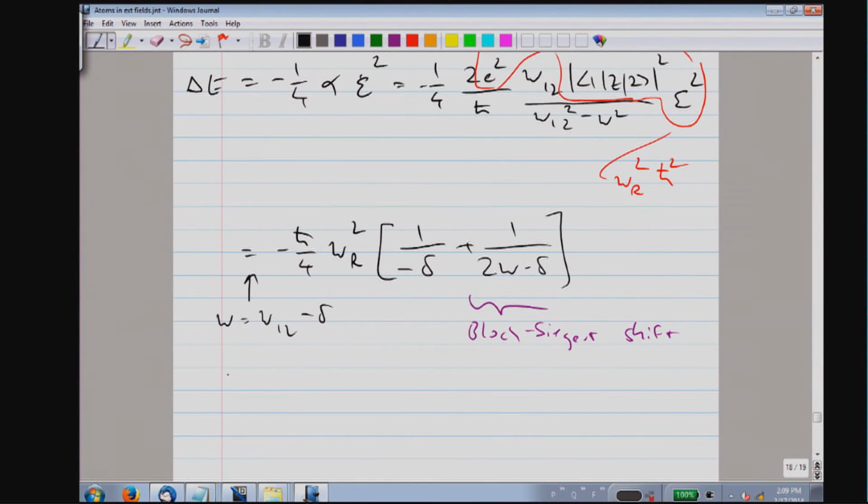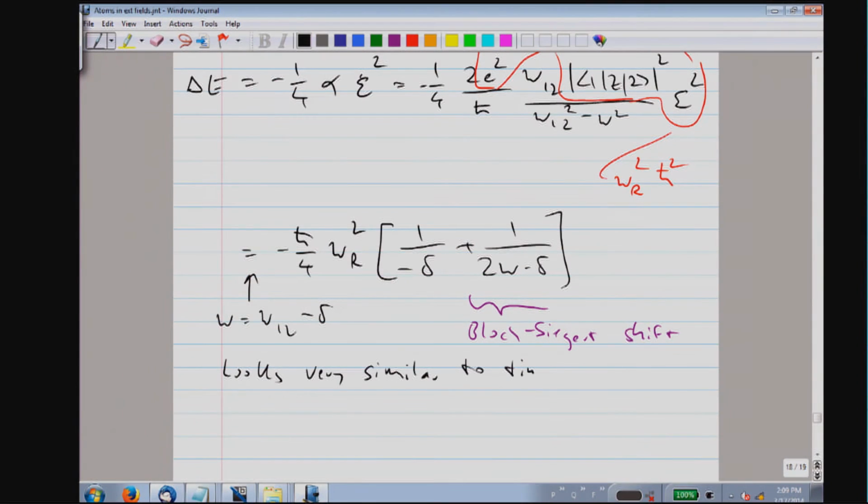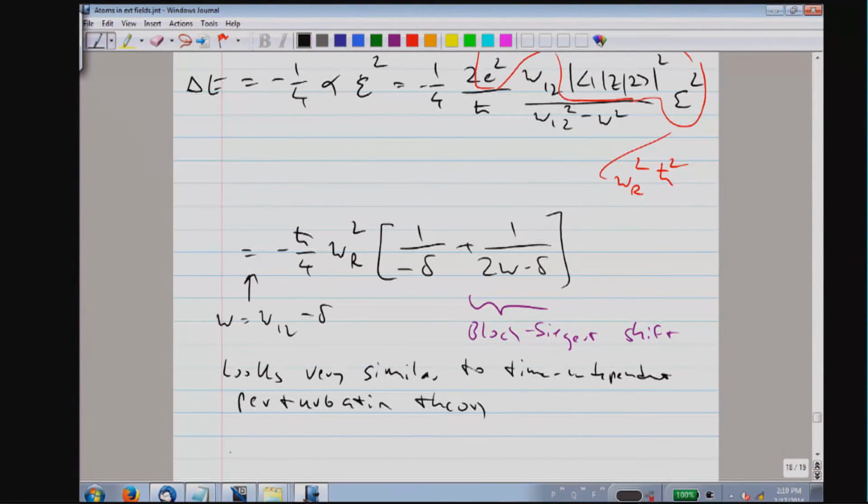And now I want to remind you that this result for the AC Stark effect, doesn't it look very similar to the standard result of time-independent perturbation theory? Of course, you remember that in time-independent perturbation theory, you get an energy shift, which is the square of a matrix element divided by a detuning.